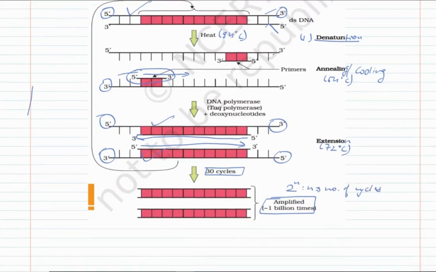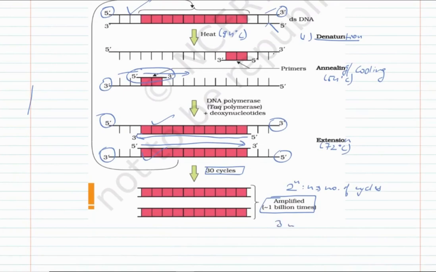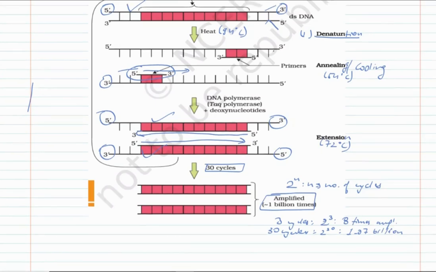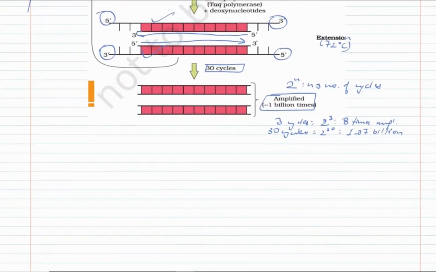So in three cycles, 2 raised to the power 3, there will be 8 times amplification. Similarly, in 30 cycles, the amplification is 2 raised to the power 30, which is around 1.07 billion. So from a single molecule, we have now obtained 1 billion molecules of the required DNA of interest.